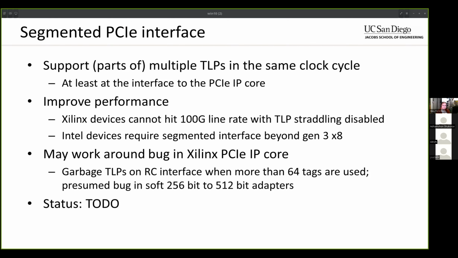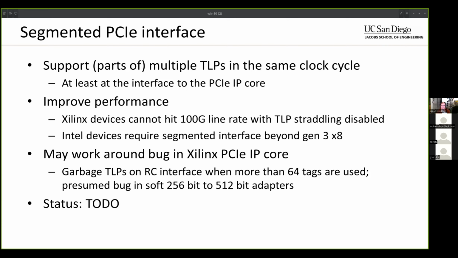So that's an issue. To actually get to 100 gig line rate, you need to get the segmented interface working. At least Xilinx devices allow you to turn the segmented interfacing off, so you can have a somewhat simplified interface to the IP core. That's what I've been doing because it's a little bit easier.